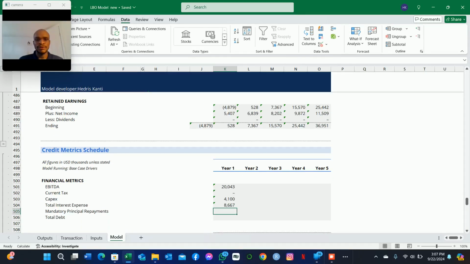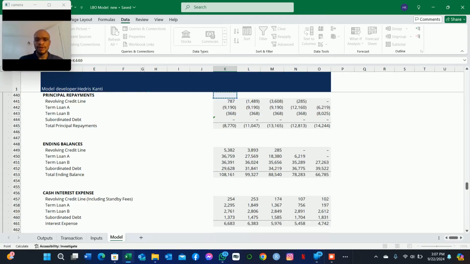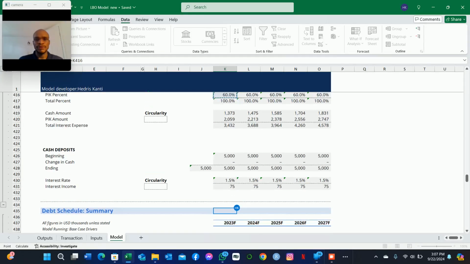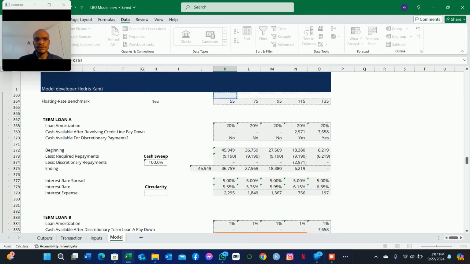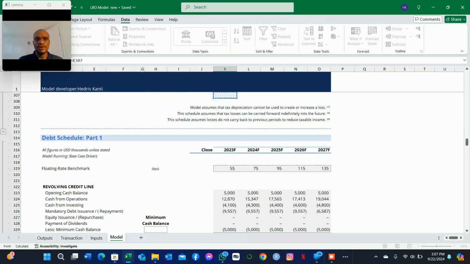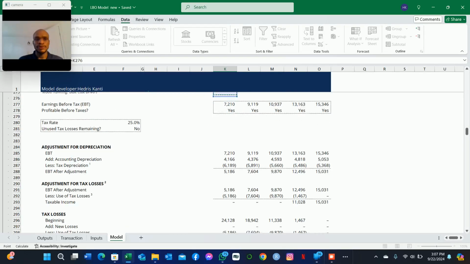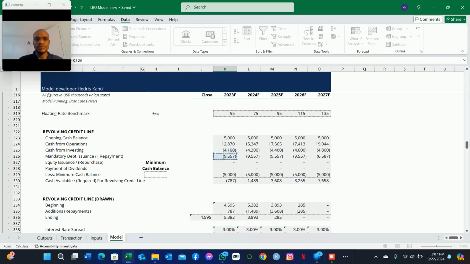And also our mandatory principal repayment. We know that we had that also summarized for us in our debt schedule. So we go right to the top. Mandatory principal repayment here, we reference that.